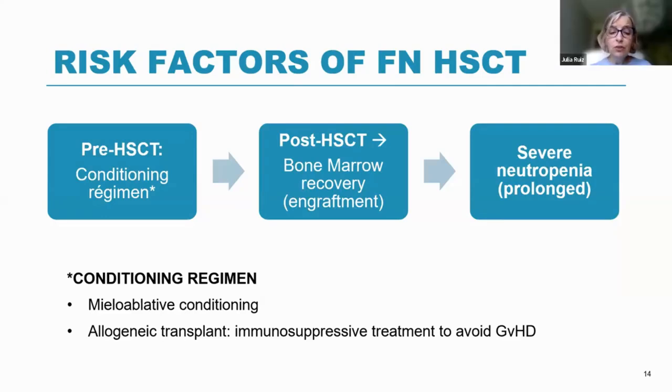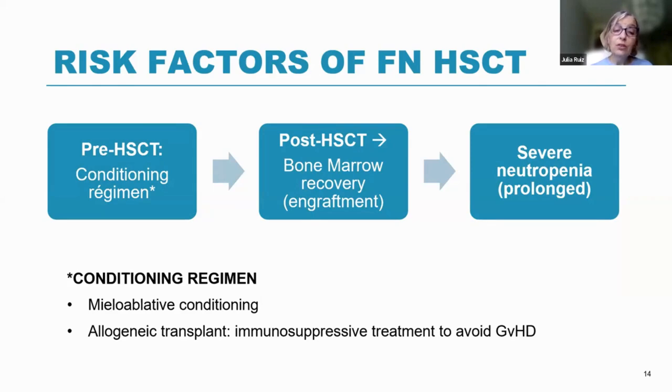So, which are the risk factors that we have for febrile neutropenia in transplant? The first will be in the pre-transplant, and mostly here we are going to have the conditioning regimen. The risk factor is myeloablative conditioning, of course, because this is going to produce the most myelosuppression in our patient.